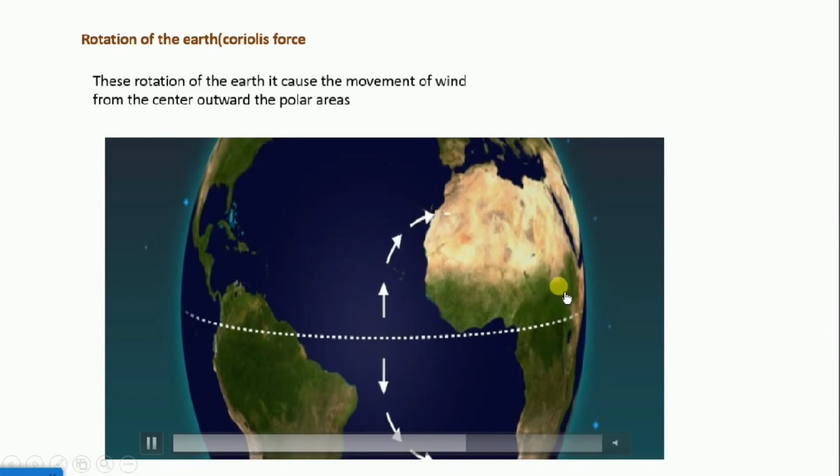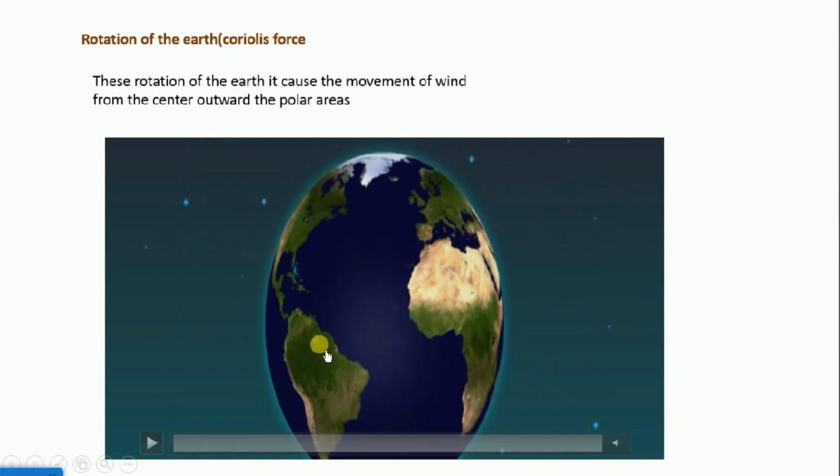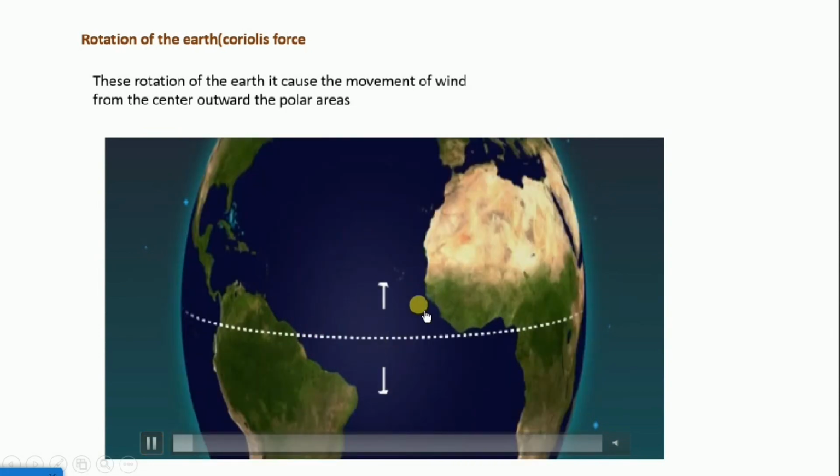This rotation affects the air movement due to the different deflection of air produced as a result of earth rotation, whereby some air will deflect toward the north pole and others toward the south pole.